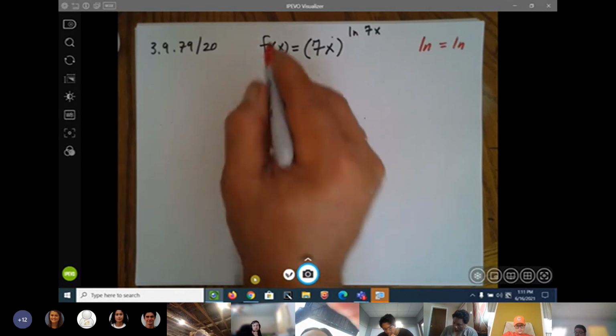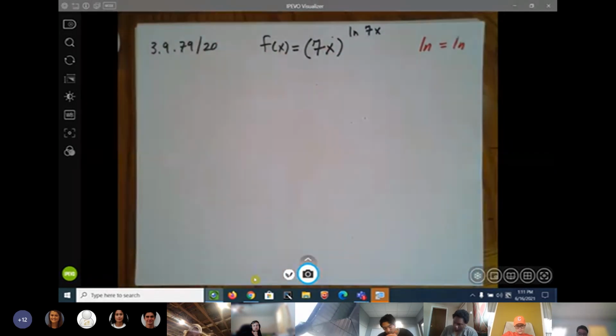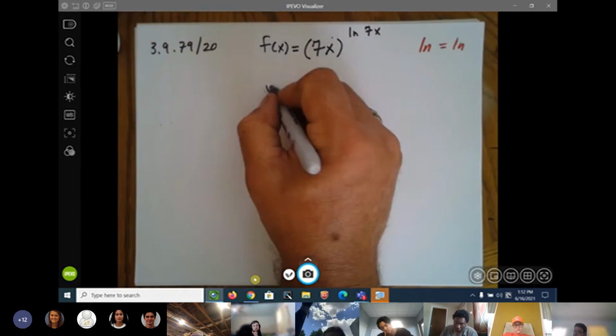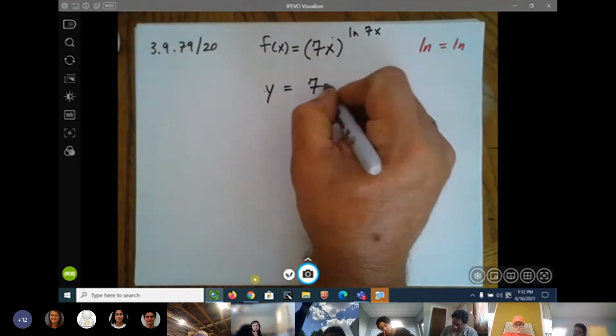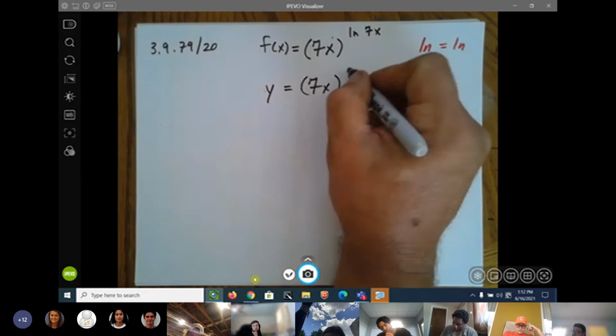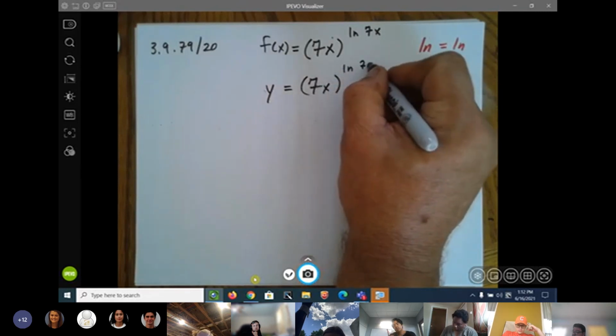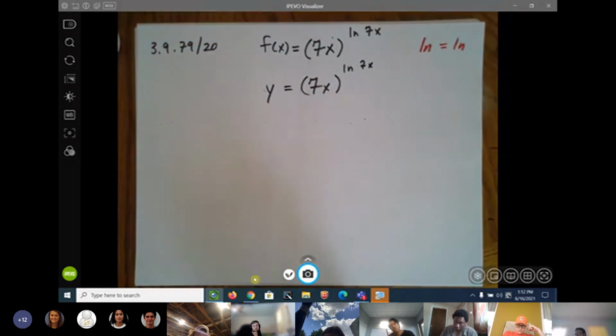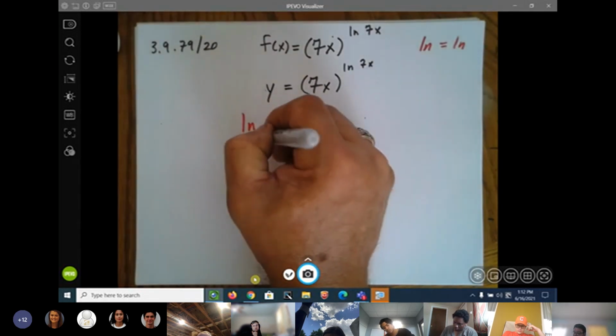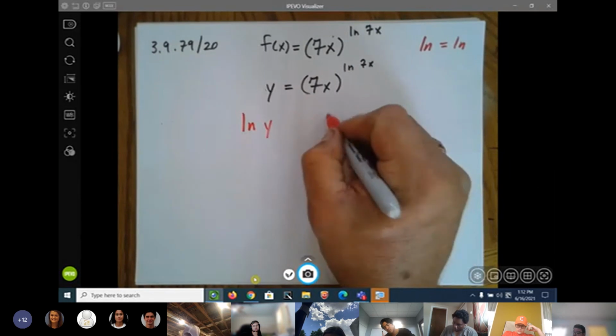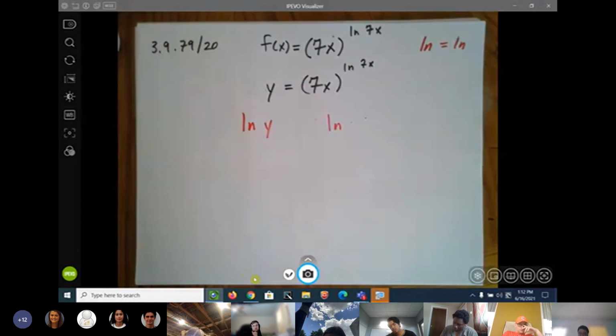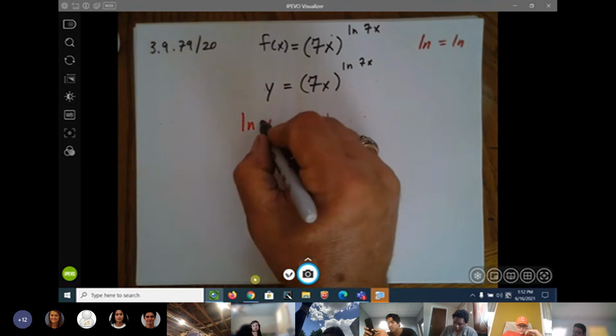And change that to a y. So y is equal to 7x raised to the natural log of 7x. And I'm going to take the natural log of both sides.